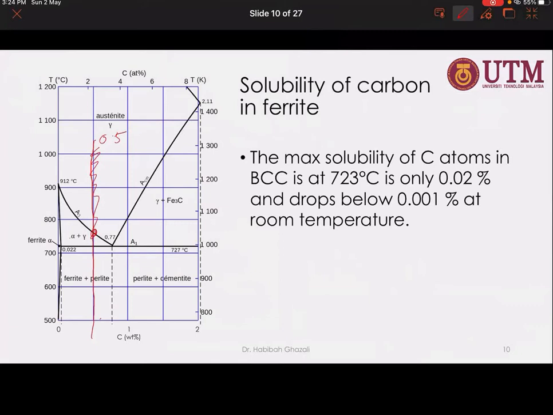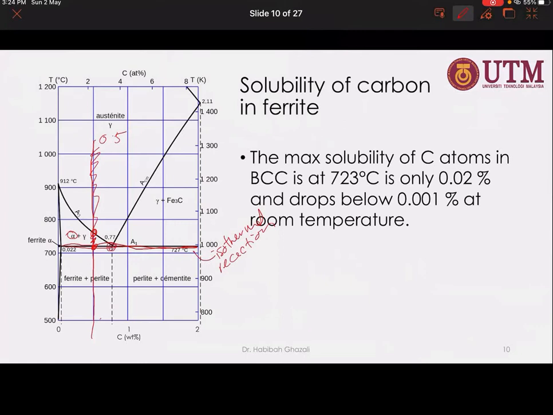The carbon is removed from the austenite crystal structure and forms what we call ferrite. Then at this point, this isothermal reaction, the horizontal line in the phase diagram basically associates with an isothermal reaction. So what is the reaction name here?